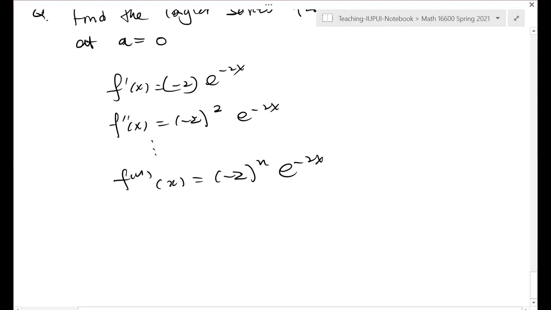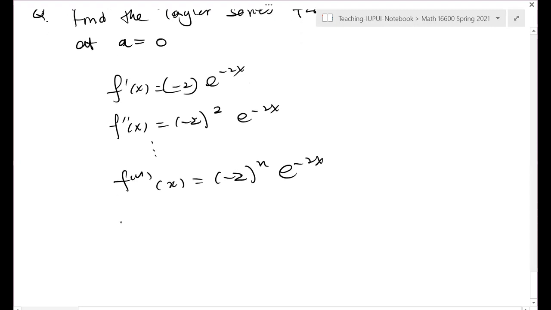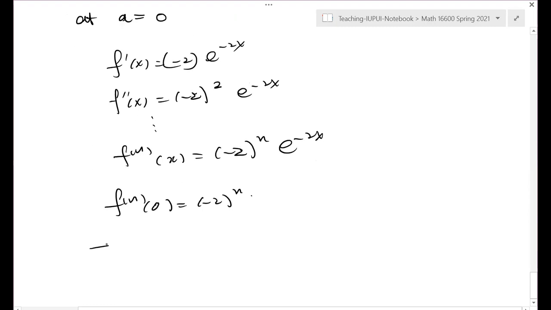So you get 0 here. It's (-2) to the nth power, and then the Taylor series is going to be over n factorial. I just said that this is also called the Maclaurin series.